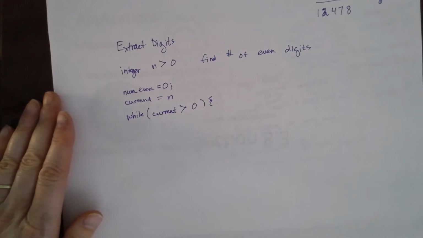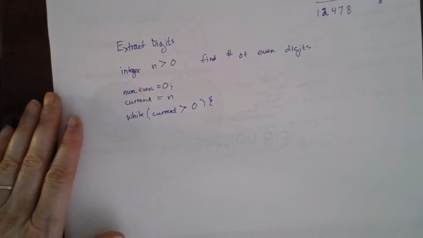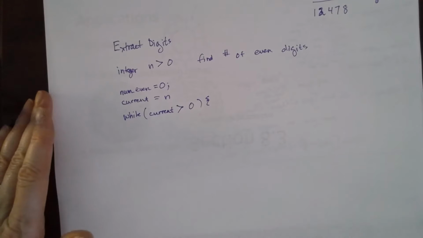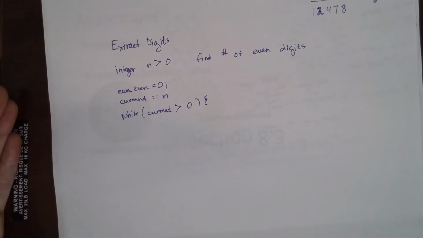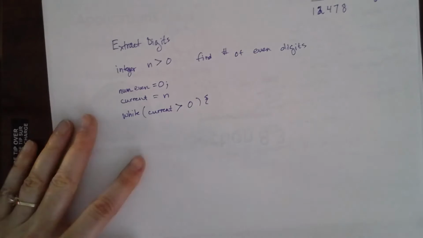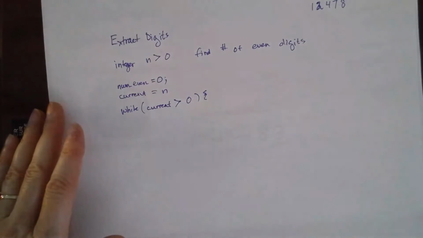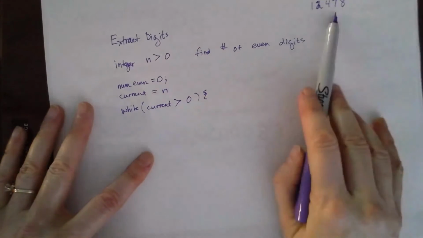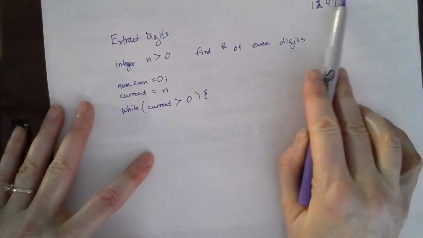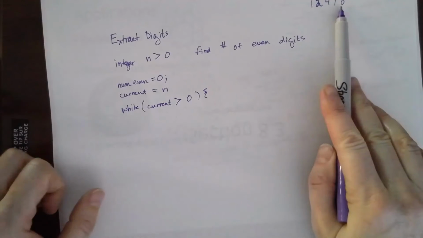You're saying iterate through the digits. If I'm thinking about doing mod and div kinds of operations, what is going to be the easiest digit for me to pick off of that number? The first digit or the last digit?